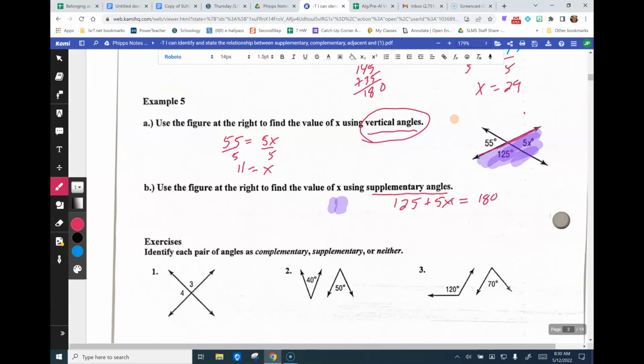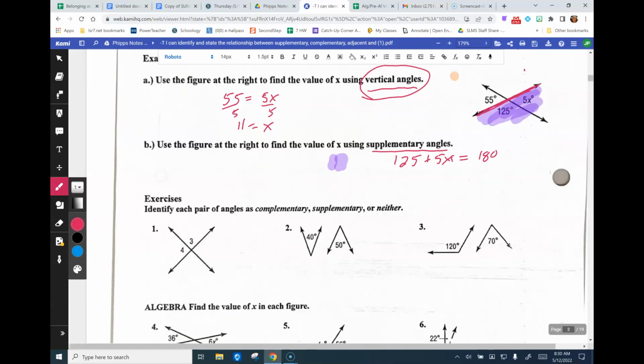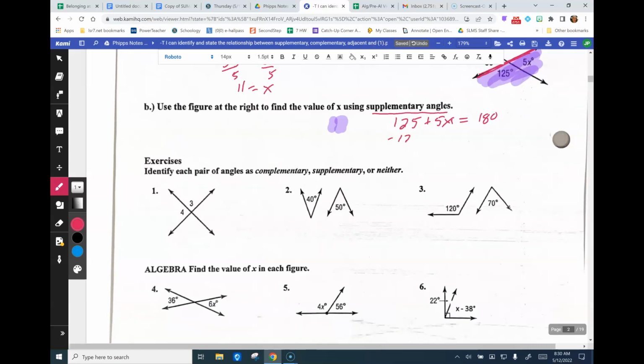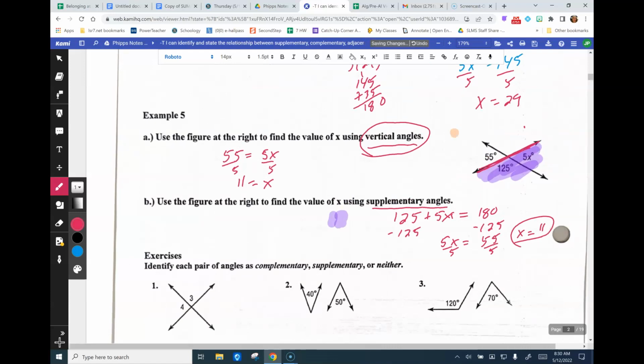They are on a line, so they're on a straight angle, or 180. And we can solve this, but guess what we're going to find out? I'm willing to bet that x is equal to 11. But I have to find out because I'm just that nerdy. Divide by 5, and look, it gives us the same answer. But what it wants to point out to you is you can use vertical angles, or you can use supplementary angles.